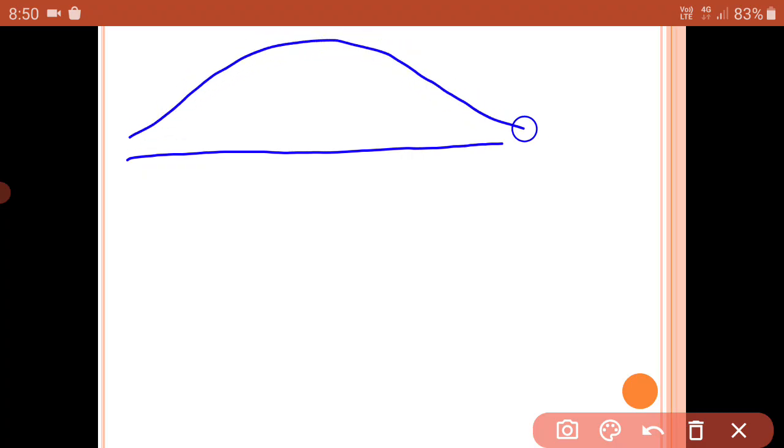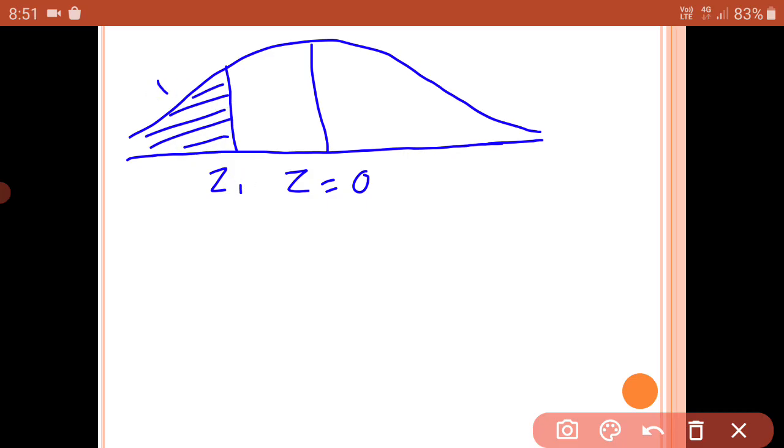In the diagram, in the next step, here z is equal to 0. Here it is less than, so on this side we write z1, and this area is 0.31.